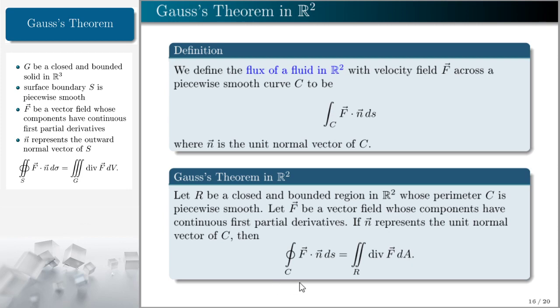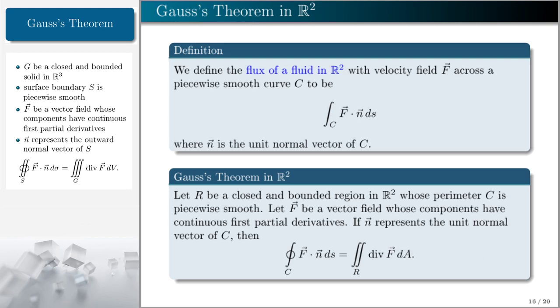Also, it is very important to note that the curve here should be closed and positively oriented, as indicated by the notation that we have here. Positive orientation is very important since if your curve is positively oriented, automatically the n will represent an outward normal vector, which means that the normal vector will not point inward but definitely will point outward.